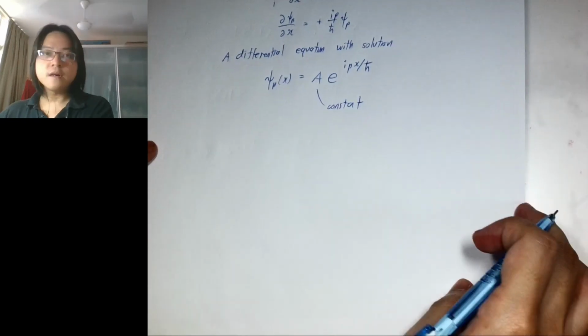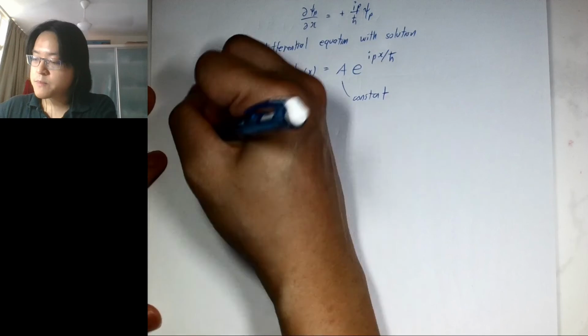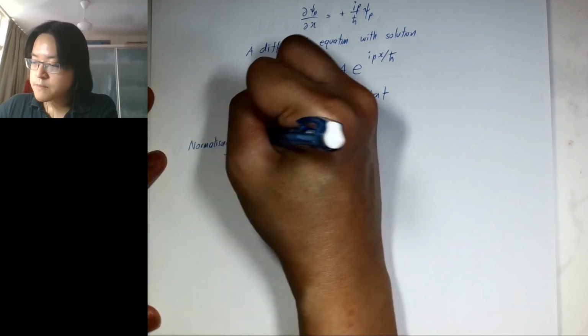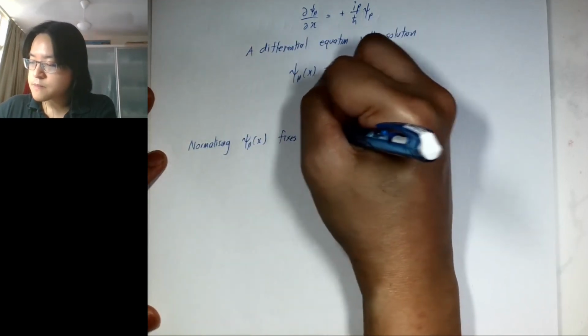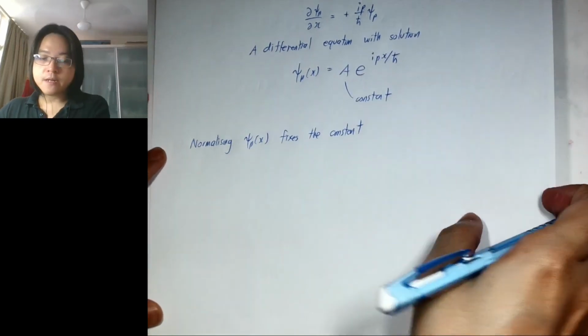So to determine the constant, we normalize this, right? So normalizing psi p x will fix the constant. And what did we say about normalization?